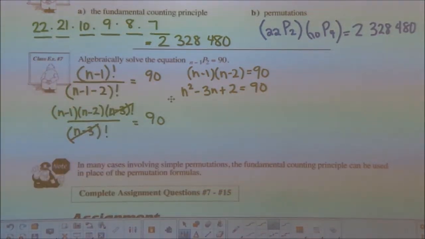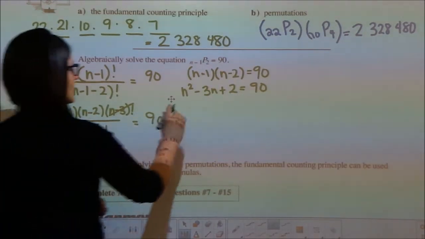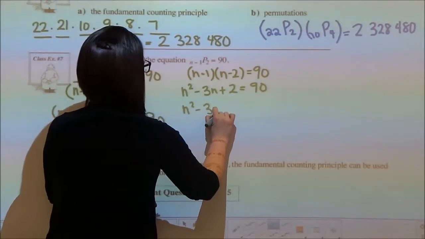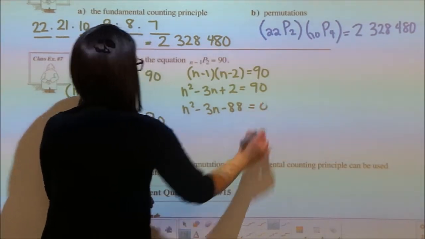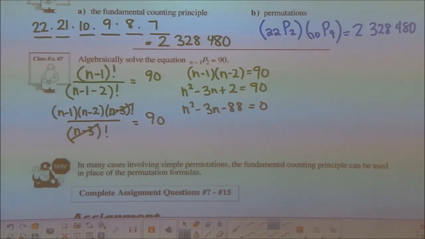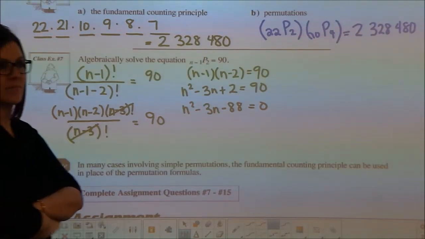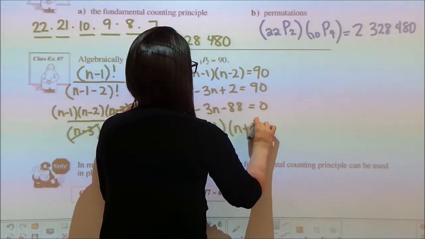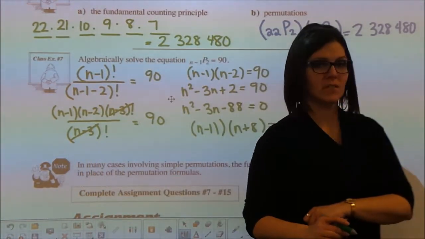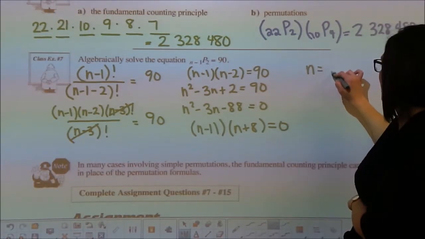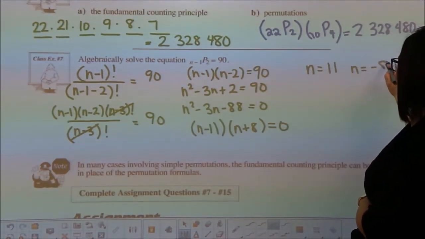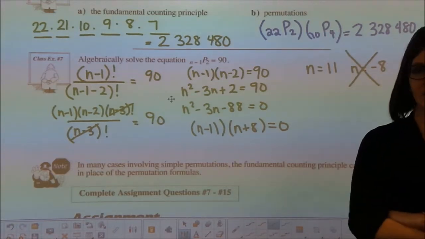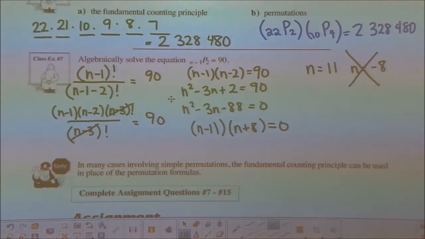Okay, move the 90 over and then factor. Okay, two numbers that multiply to negative 88 and add to negative 3. So negative 11 and 8, which means that n would equal 11 or negative 8, but negative 8 doesn't make sense. So we can eliminate it, and I have that n equals 11.